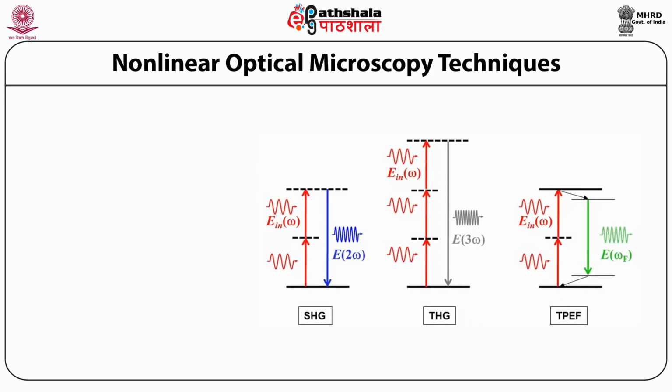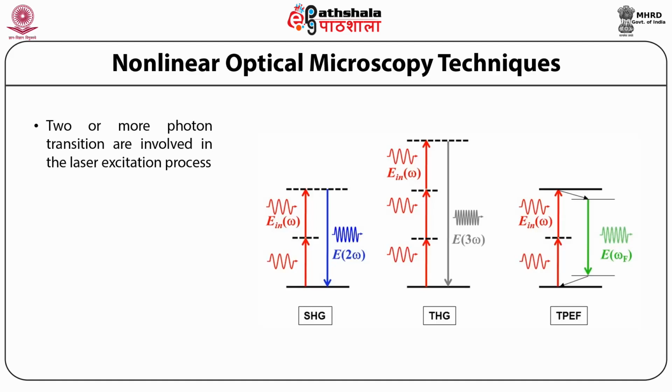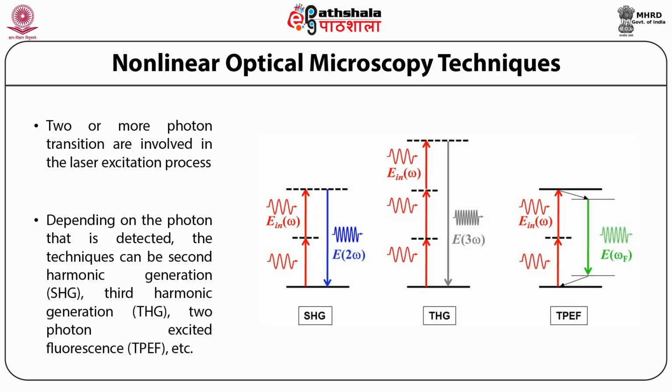So as we said, nonlinear interaction is used for imaging, with intensity as the contrast mechanism. Two or more photon transitions are involved in the laser excitation process, and depending on the photon that is detected, the technique can be second harmonic generation, as shown here, where two photons combine in the sample and give you a single photon, shown in blue, which is the second order photon.